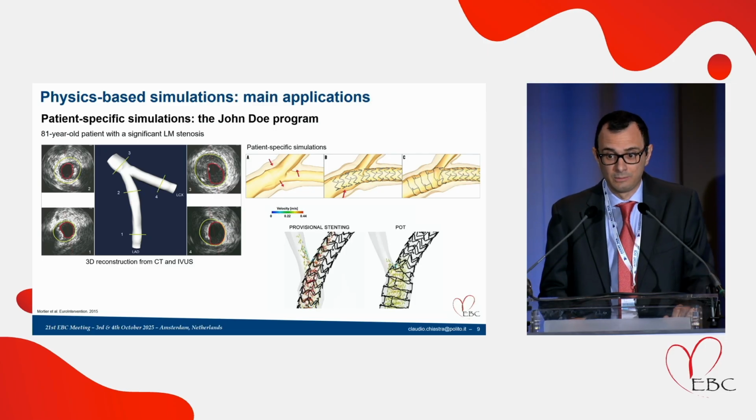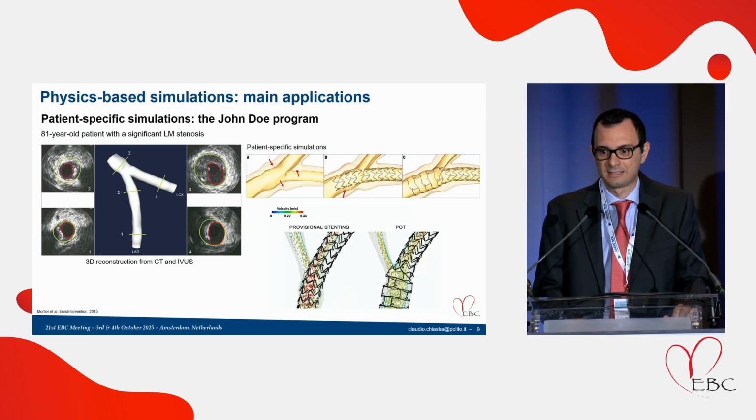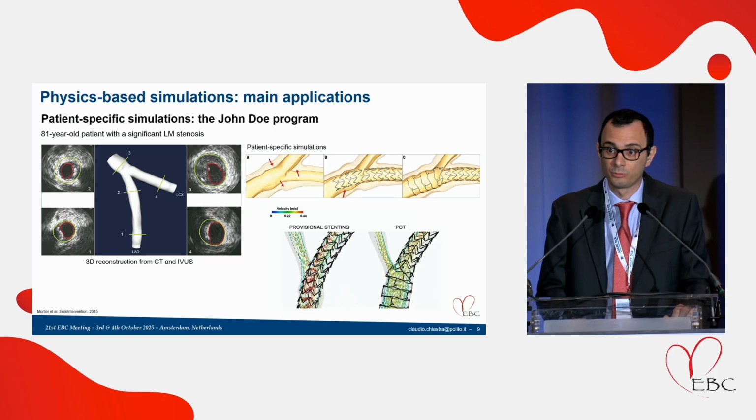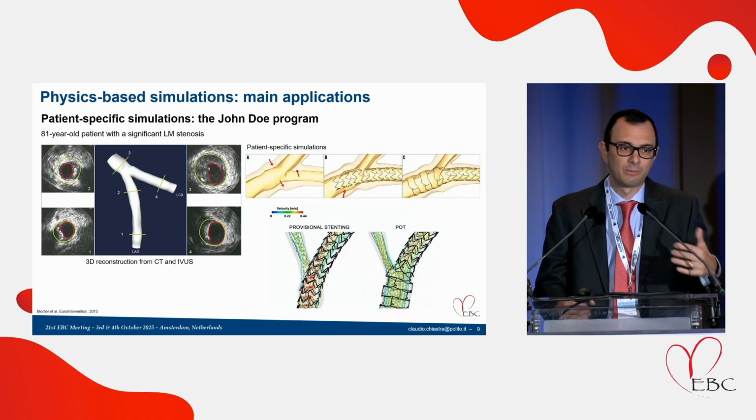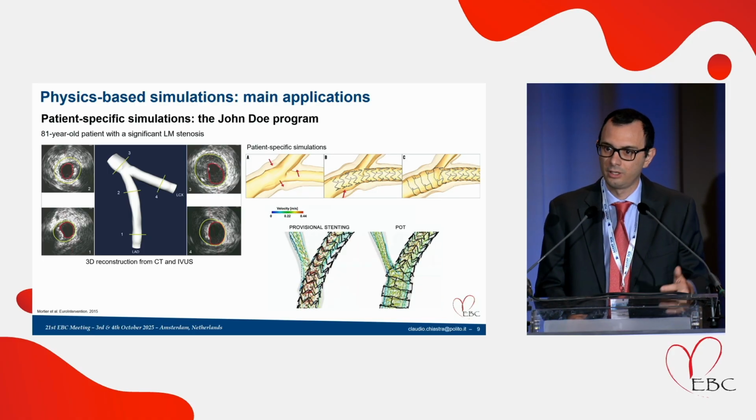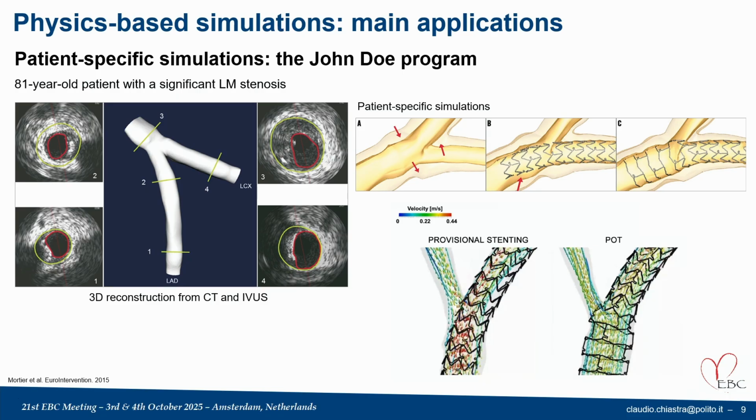Coming to the patient-specific simulations, I start with the John Doe program, which was supported by EBC around 10 years ago. It was a collaboration between 3 different institutions, Erasmus MC, Ghent University, and Politecnico di Milano, where I was working at that time. And we considered 1 patient with a significant left main stenosis.